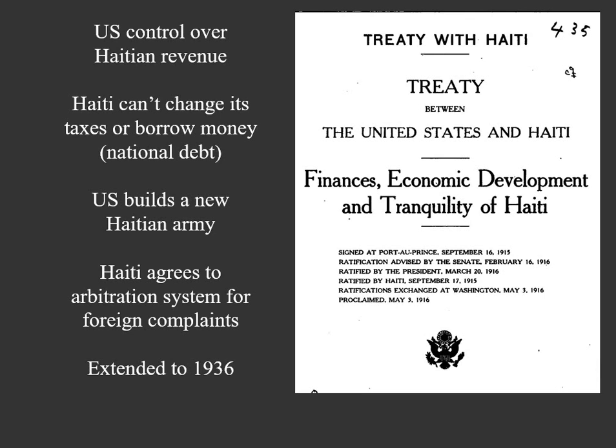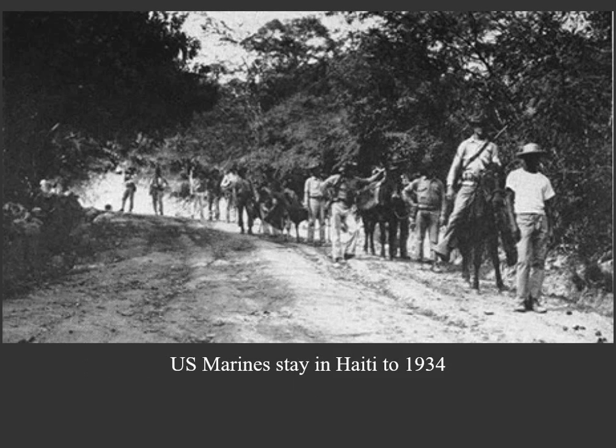So now that the treaty has been signed, and pretty much delivered by the end of 1915, the first U.S. military leaders who were in charge of the initial invasion and occupation, who had worked fairly well with the Haitian leaders, start to leave.